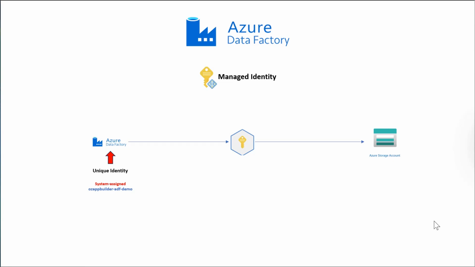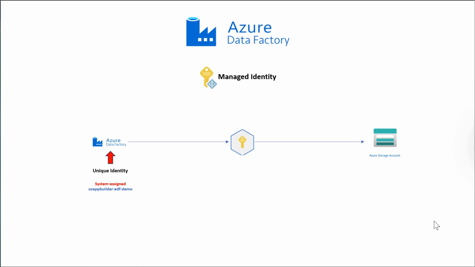If I want to simplify the explanation, it's like a username that is assigned to your Azure resource, and any time that resource wants to access any other resource in Azure, it uses that username for authentication purposes. So we go back to ADF.